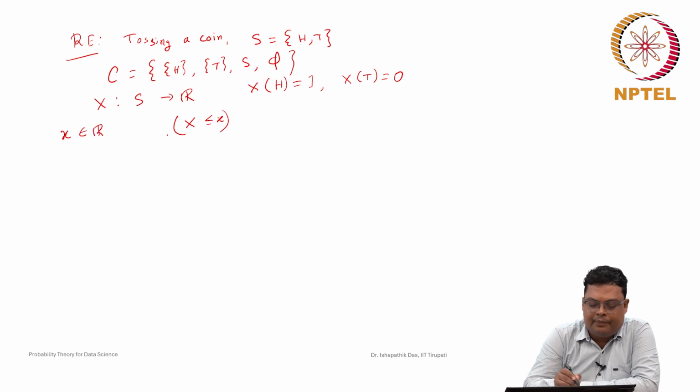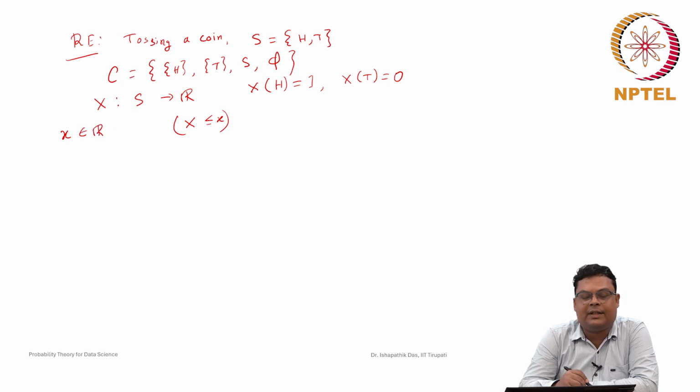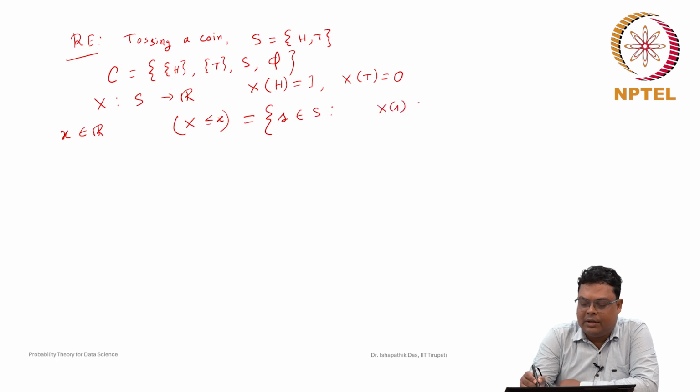This set is nothing but all s belonging to the sample space S satisfying X of s less than or equal to x, and obviously the left hand side is greater than minus infinity, because X is a mapping from S to R. Now, x is any real number, so for different values of x, let us see what this set is.